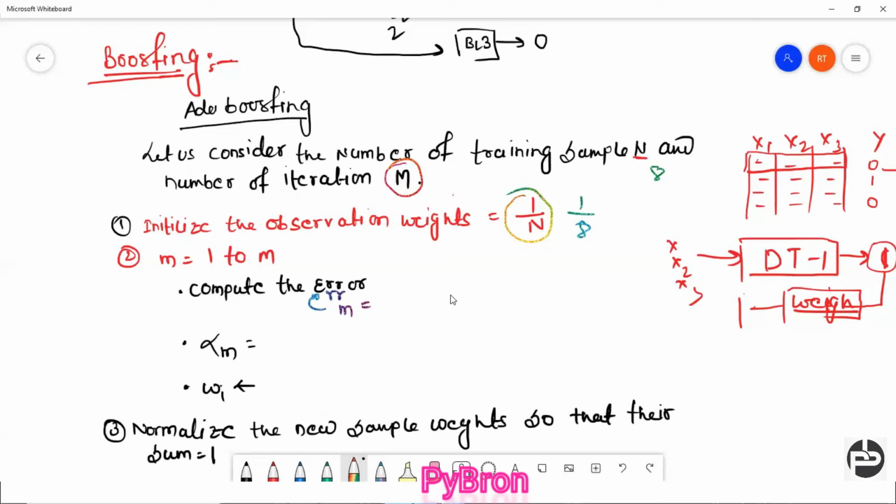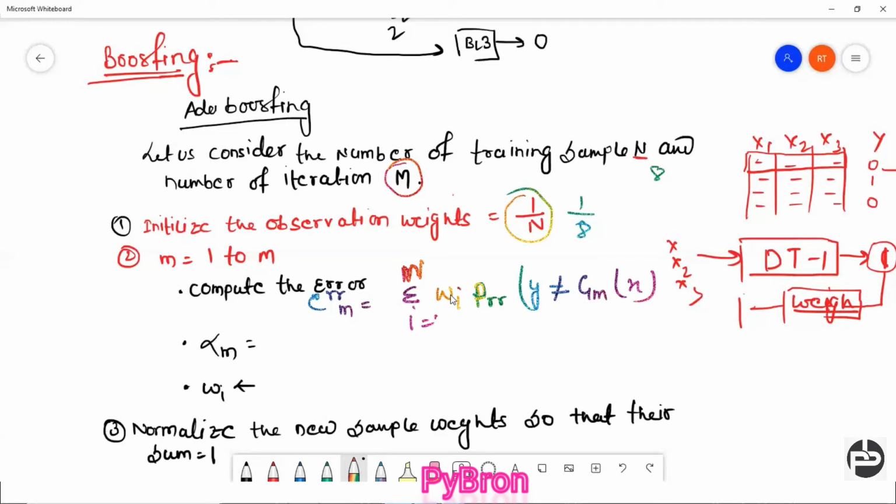Initially it will be 1, so the error in iteration 1 will be the summation for i equal to 1 to n of wi times the indicator that y is not equal to g_m(x). Don't be confused with these parameters, I will explain. It's very easy, guys. Just try to understand. The weight is nothing but the weight at that iteration.